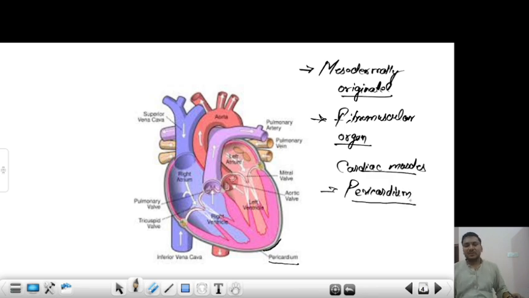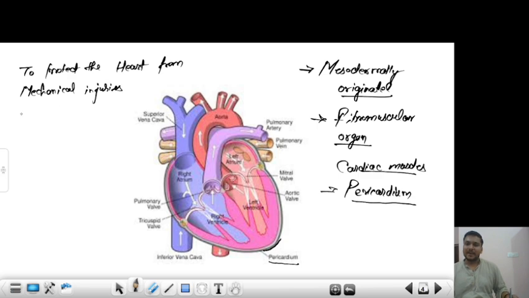So what is the basic function of pericardium? It is to protect the heart from mechanical injuries and various shocks. This is the basic function of pericardium.